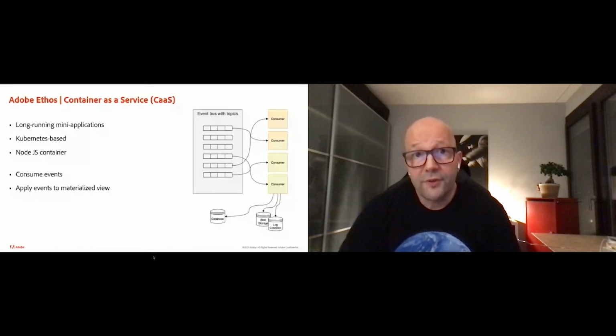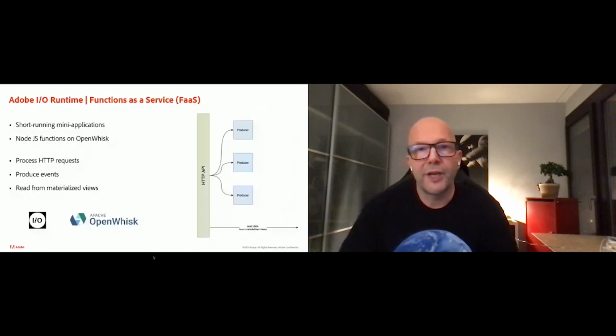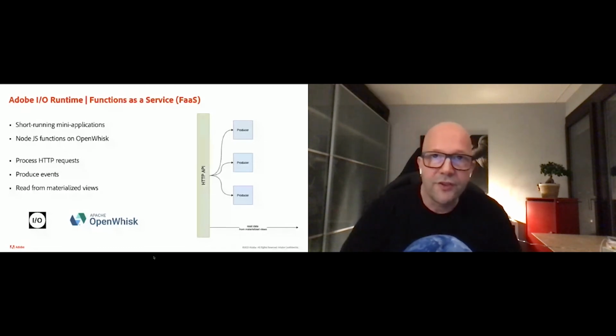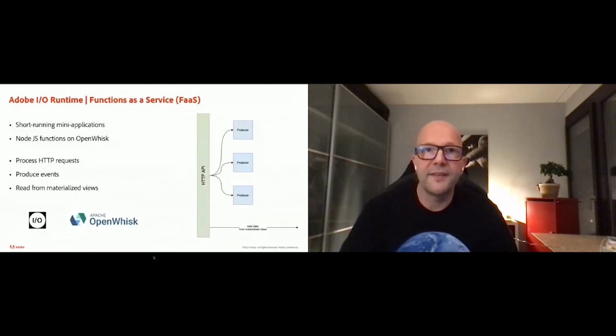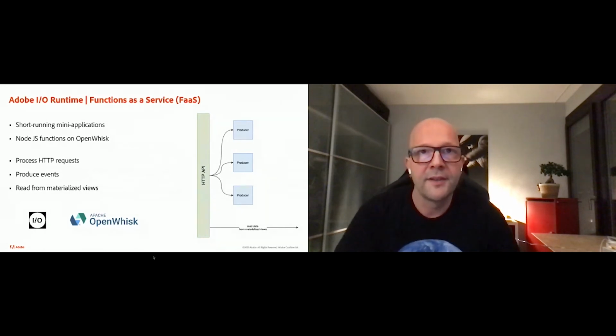For our short-running application concerns, we rely fully on functions as a service or serverless on the Adobe I/O Runtime platform. The entirety of our public HTTP API, as well as all the state changing or event producing parts of our applications, are implemented as a granular set of functions using Node.js-based OpenWhisk actions.